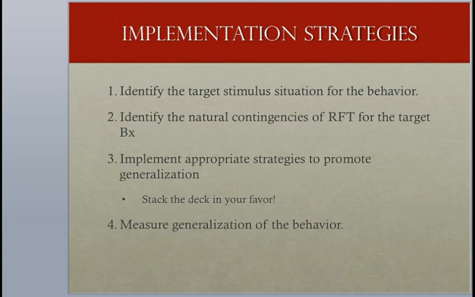All of those would be part of that stimulus class that controls whether or not you stop on your bicycle. So you want to use all of these ideas to stack the deck in your favor so that you are very confident that when the opportunity arises, your client will use the new behavior that you've trained in your training setting in a naturally occurring environment.